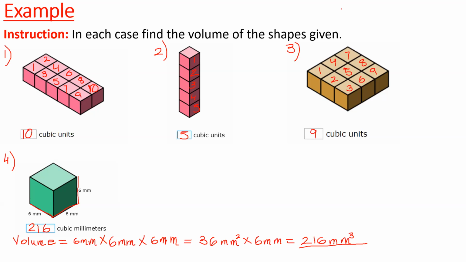Let's do another example. All right, so I want to do another example so that you all could see exactly what's happening, especially for the ones where we have to apply the formula. So we're still doing examples.